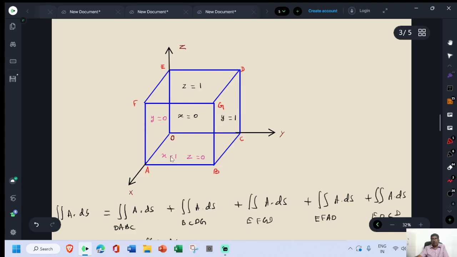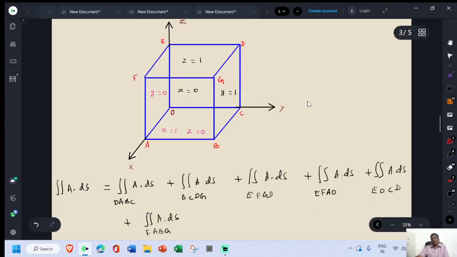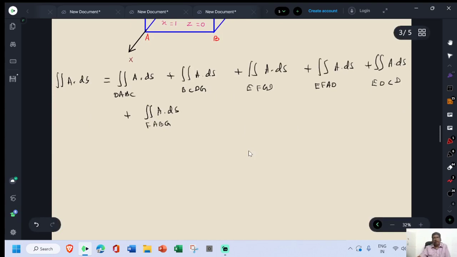In this plane the value of x equal to 1, whereas at the middle phase, that is the FABG, the value of x equal to 0. Now you should apply the conditions to evaluate this.